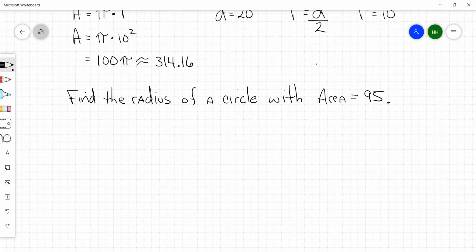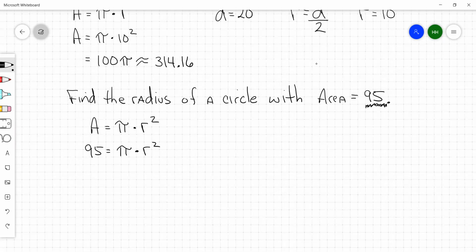Now we're finding the radius. We're going to use the same formula. Area equals pi times the radius squared. But we know the area. So where the area is in the formula, we're going to substitute. So we're going to say 95 equals pi times the radius squared.